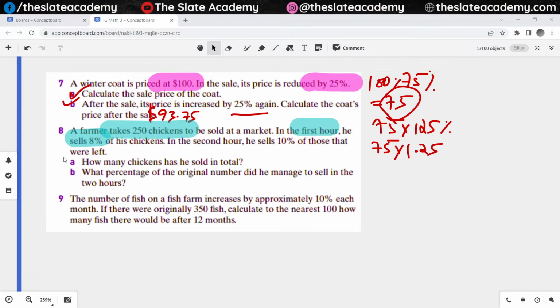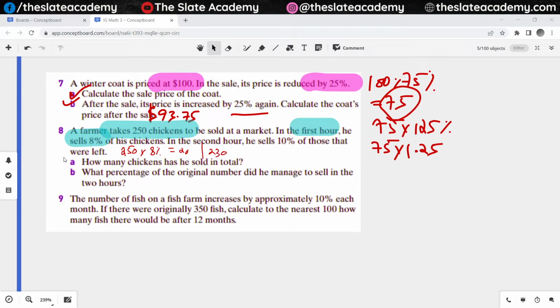So first he sells 8% of 250. So let me quickly calculate 250 into 8%, 250 into 0.08, that would be 20 chickens. So initially he has sold 20 chickens. Then after he sells 20 chickens, what remains with him are 230 chickens.